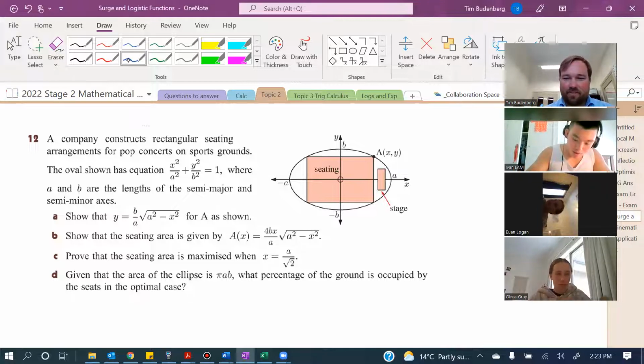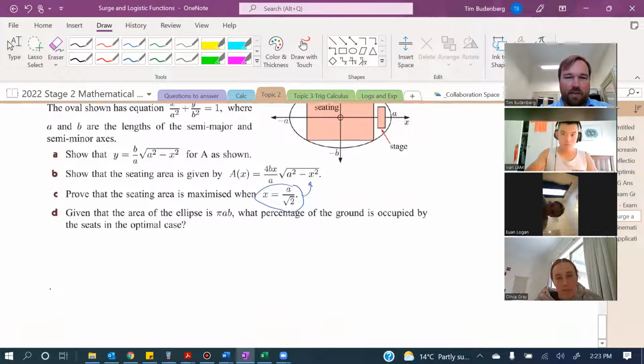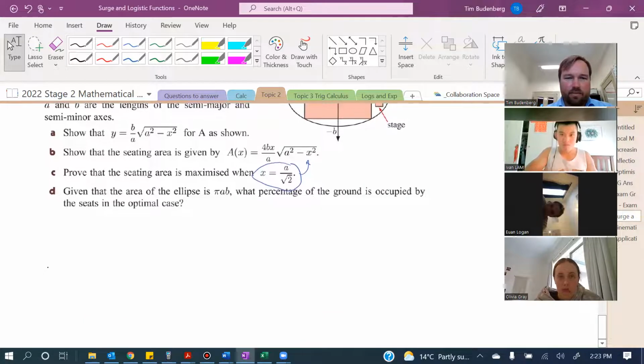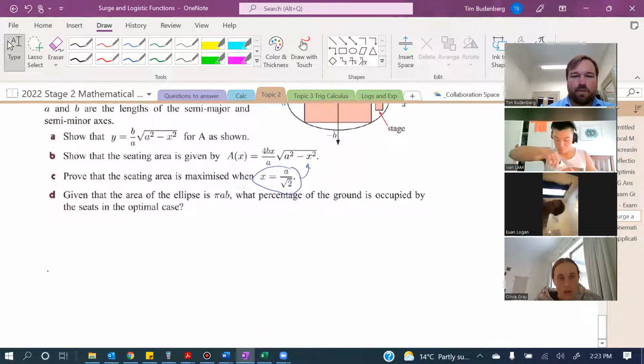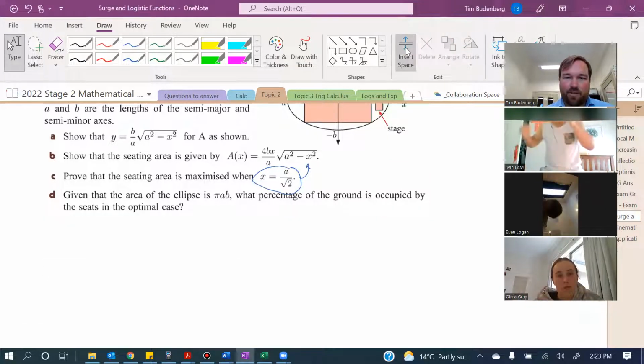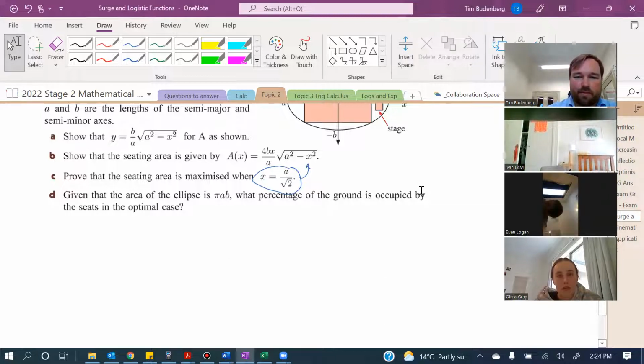12D, Olivia. All right, so what we want to do is substitute this into there, effectively, and that will give us the area of the seating in terms of A and B. And then do I have to do anything with the ellipse being pi AB? You will, because you'll need to find a percentage. So we might as well do it.